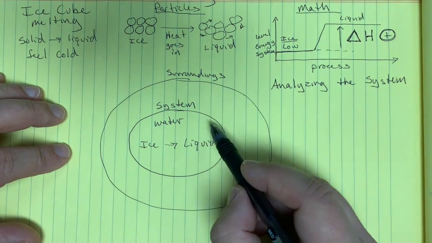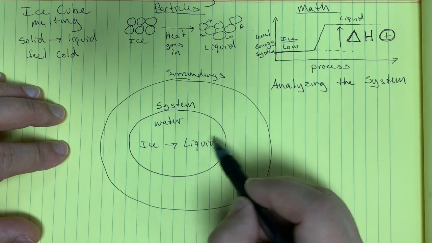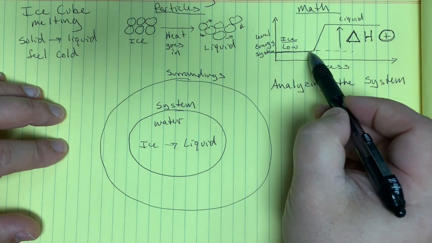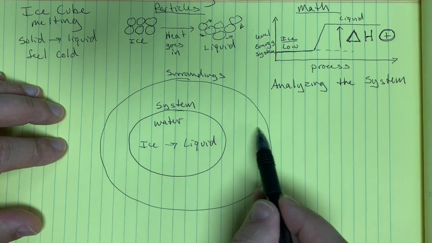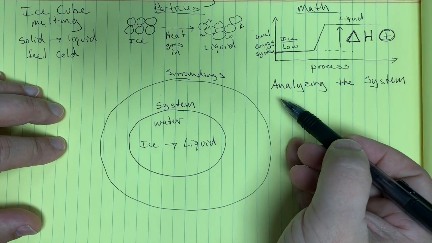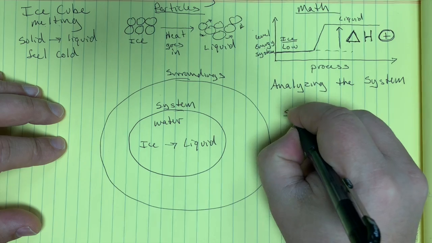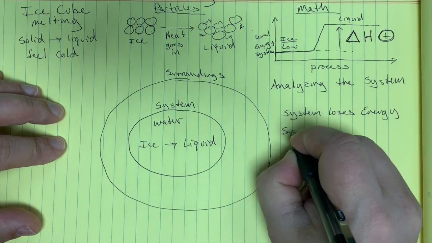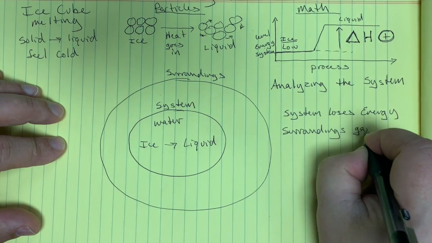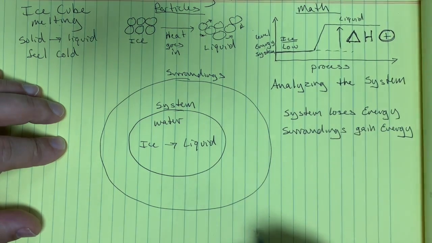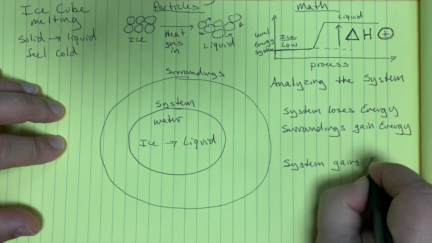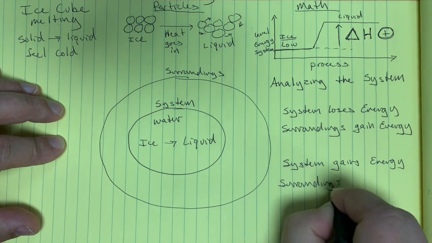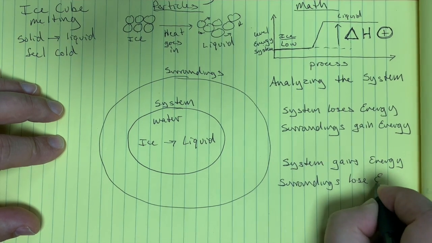If I have energy going out of the system, and the system starts out high and then gets low, the energy of my surroundings goes up. So if the system loses energy, the surroundings gain energy. If the system gains energy, the surroundings lose energy.